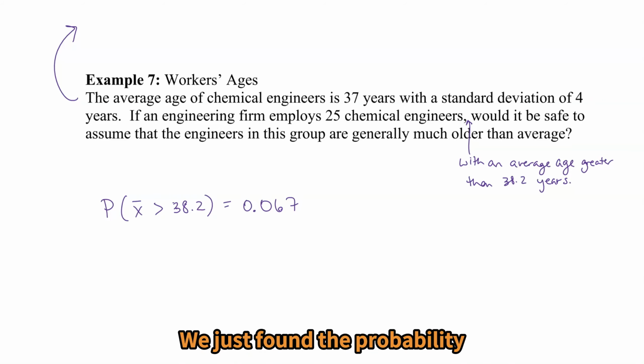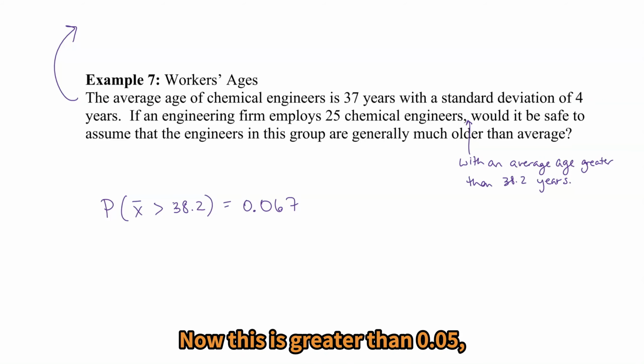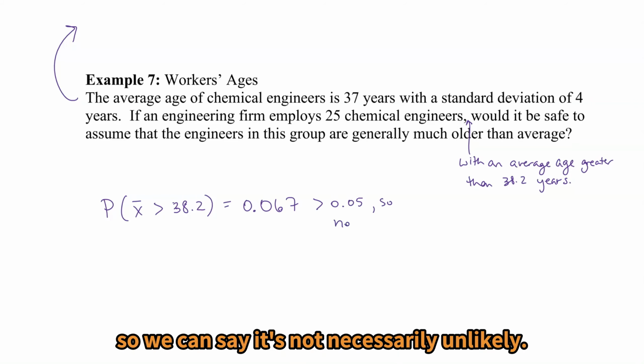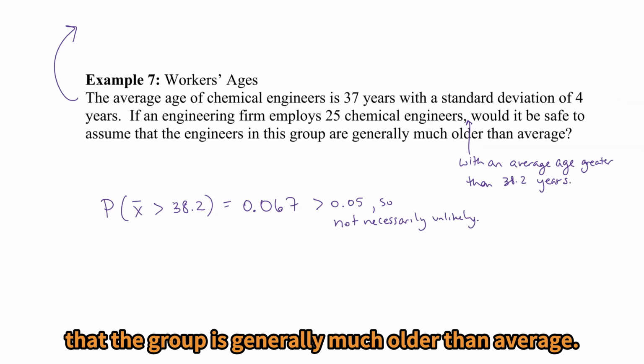We just found that the probability that the average age is greater than 38.2 years is 0.067. Now this is greater than 0.05, so we can say it's not necessarily unlikely. There is a probability that the group is generally much older than average.